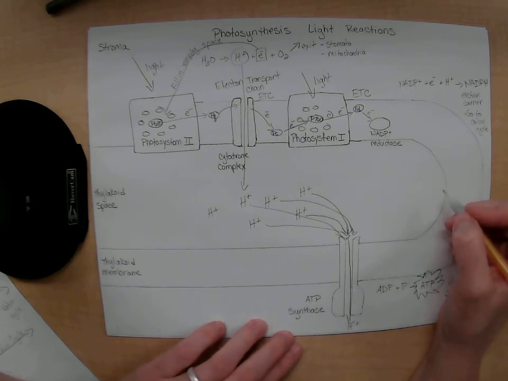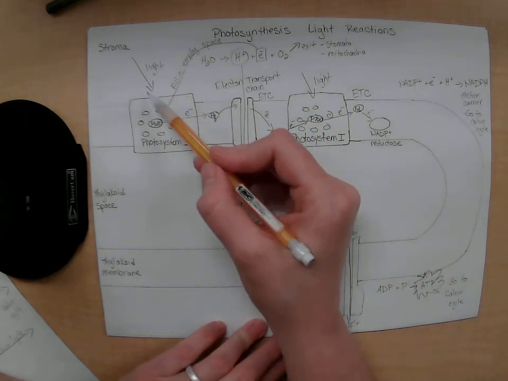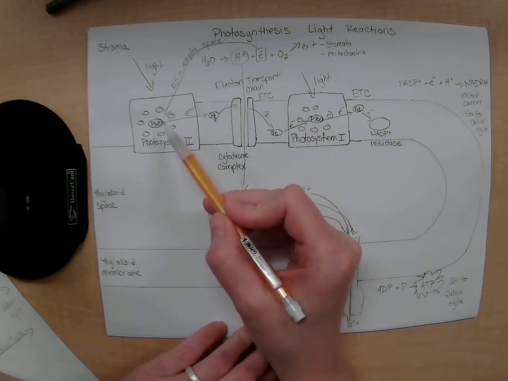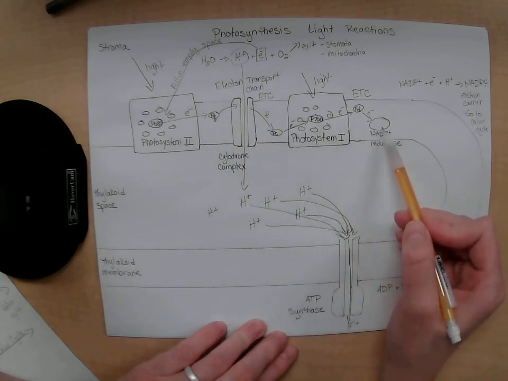So we have a second electron transport chain within photosynthesis light reactions. So just to recap, light excites the electrons in our two photosystems. It causes electrons to jump through electron transport chains.